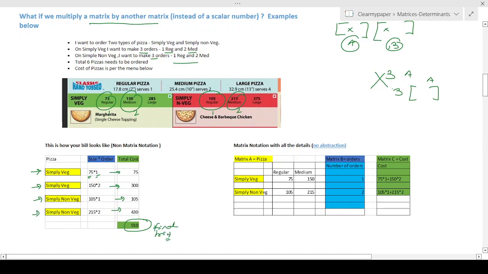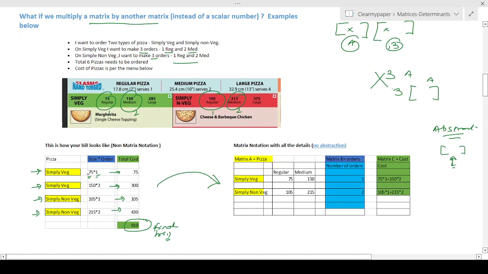Now let's assume you slightly change this into a matrix kind of an array or tabular format, but you'll still have all the details. Normally when you say matrix, like I explained in the first video, it can abstract. We don't need the details. We just need the notation, and the computer will do the magic as long as it follows matrix algebra. But we are not there yet.